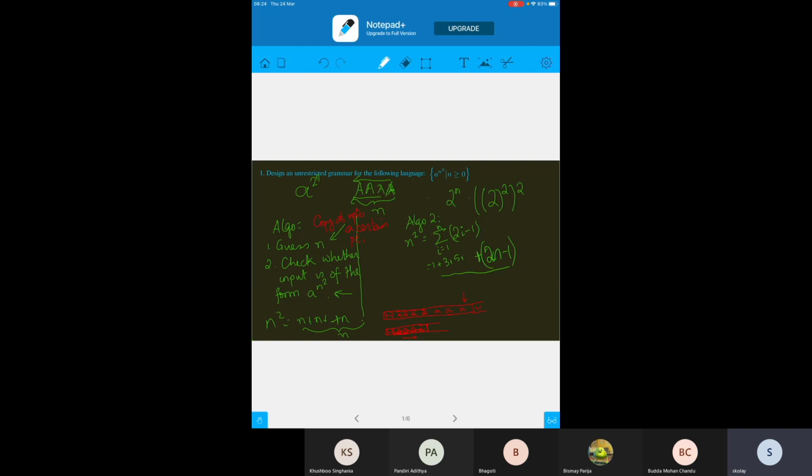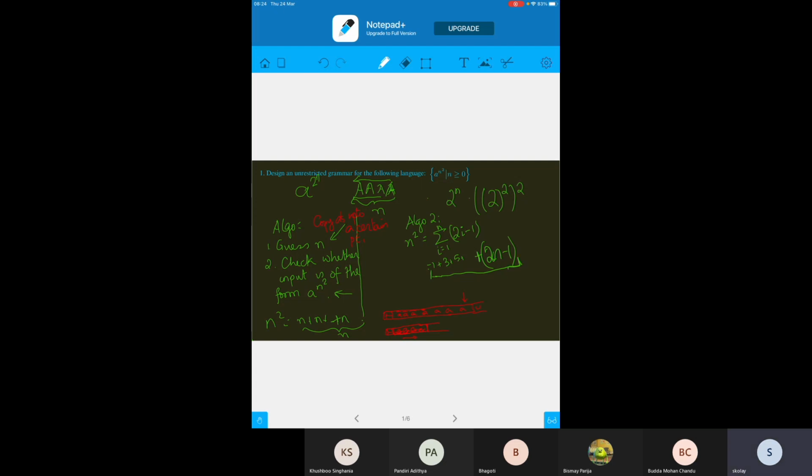So give me a non-deterministic Turing machine. So now the non-deterministic Turing machine is also formed. So how will you generate a to the n square from this formula?